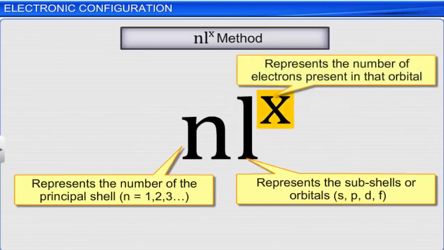For example, 3p2 denotes that the p subshell of the third principal orbit contains 2 electrons.